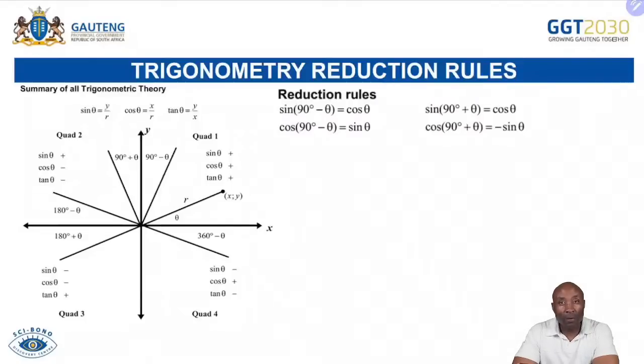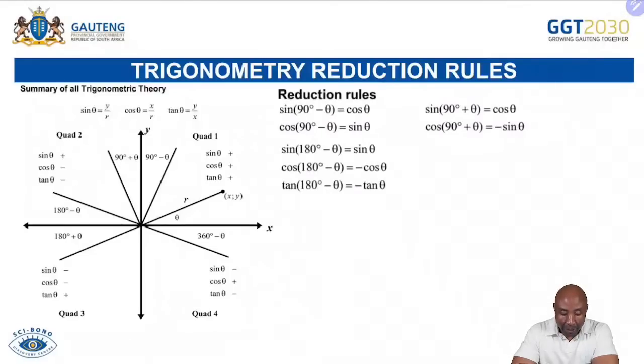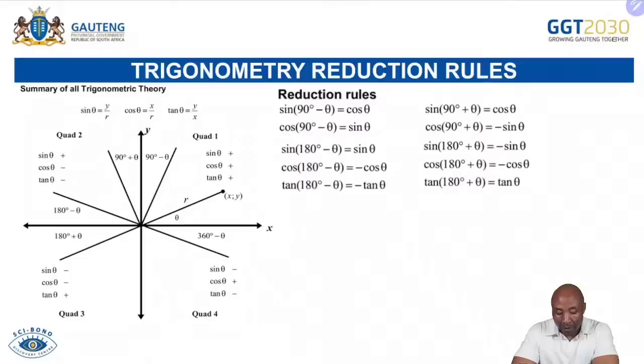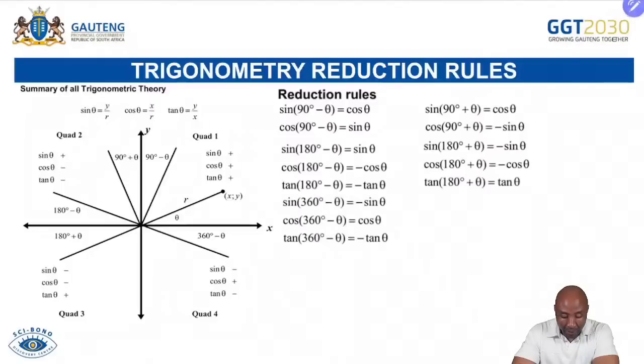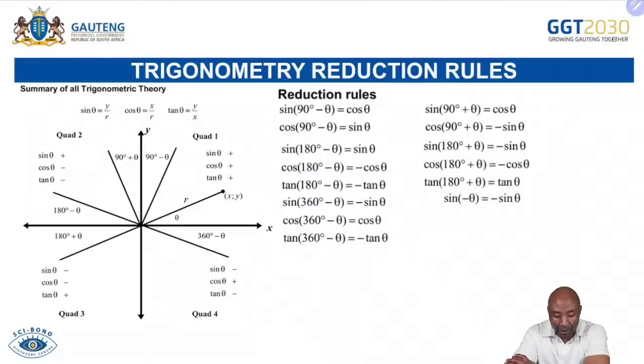Remember, in the second quadrant, cos is negative. That's why its reduction in terms of its cofunction is also negative. We have 180 minus, we know the reductions there. 180 plus, we get those reductions, and then we have 360 minus, and then we deal with our negative angles.